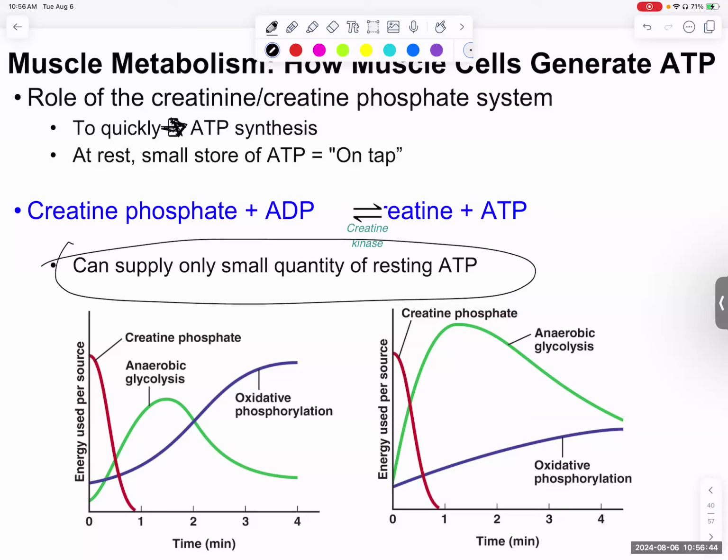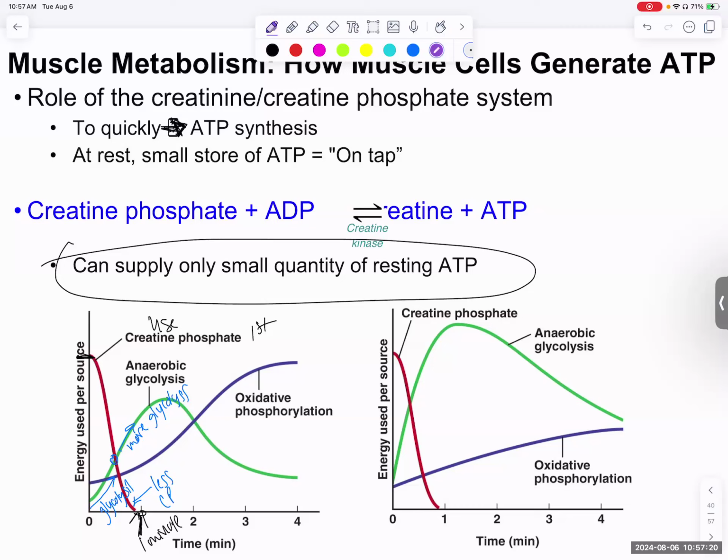And so what happens is we use creatine phosphate first, right? So this is our energy source. In the first 1 minute, we're using creatine phosphate predominantly. But in that first minute, we are also starting to do glycolysis. And here is where we are doing more glycolysis and less creatine phosphate.